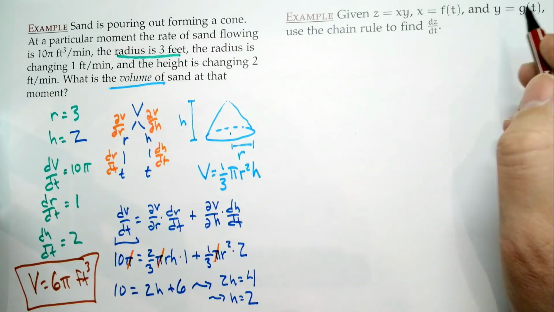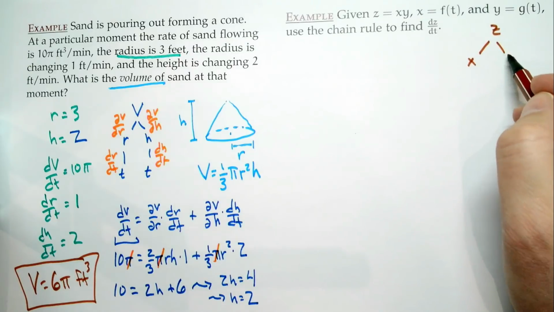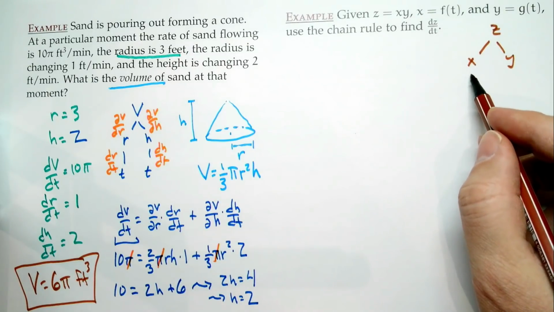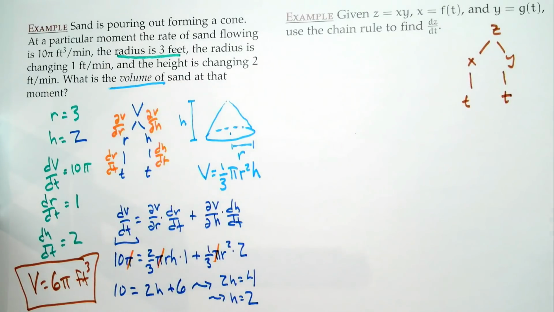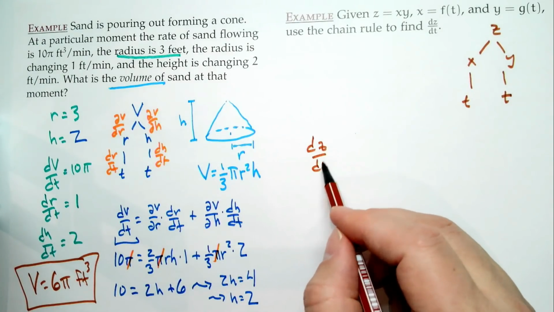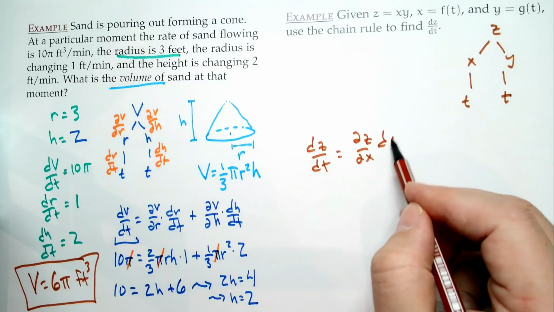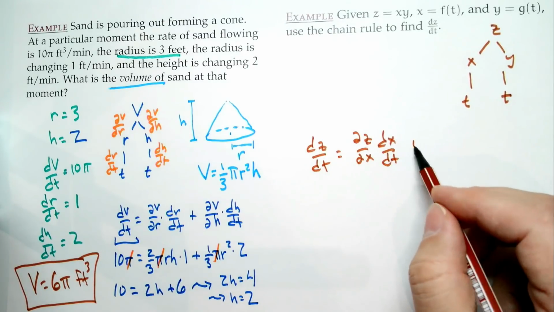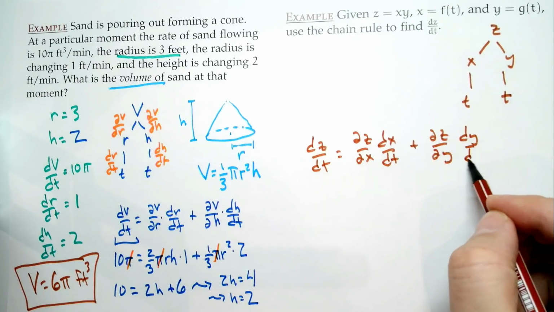So we really are back into the same thing we were talking about a moment ago, where z depends on x and y, and then x and y both depend on t. So I can write down the formula. dz/dt is equal to partial z partial x times dx/dt plus partial z partial y times dy/dt.